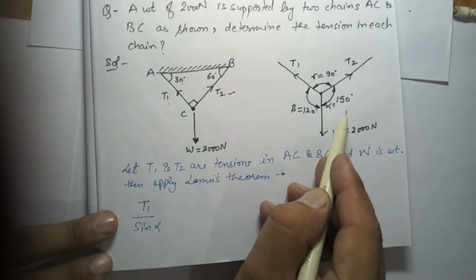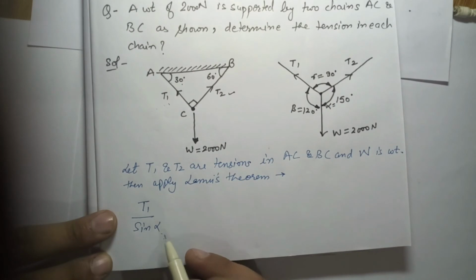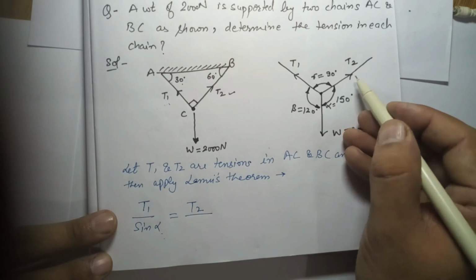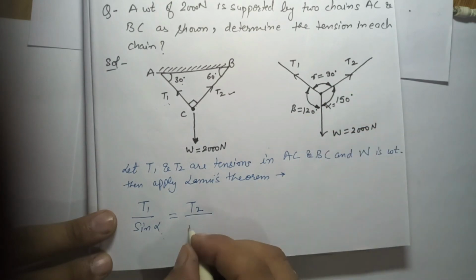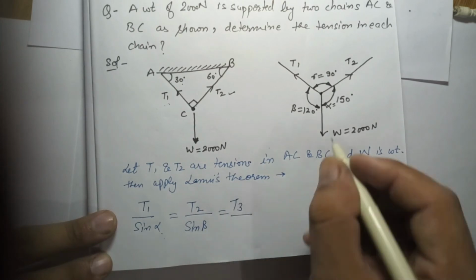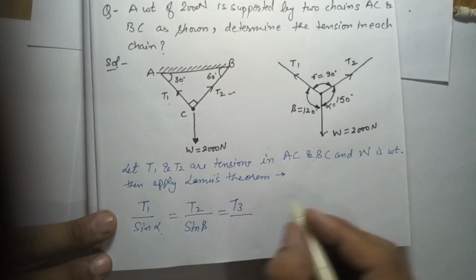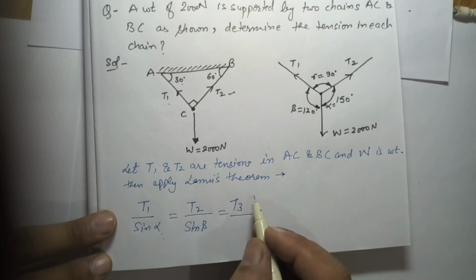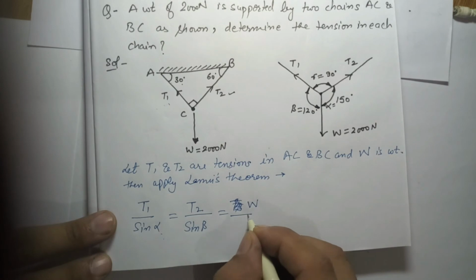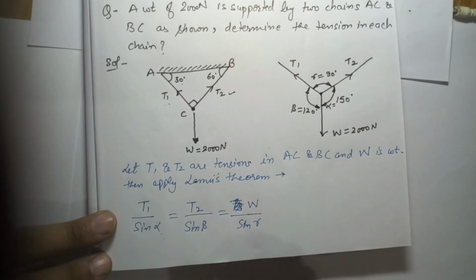T1 upon sine alpha, the sine of the opposite angle, is equal to T2 upon sine beta, which is equal to the weight W upon the sine of the opposite angle, that is sine gamma. We have not taken T3, so we must write W.